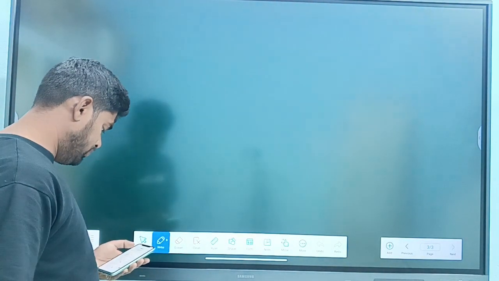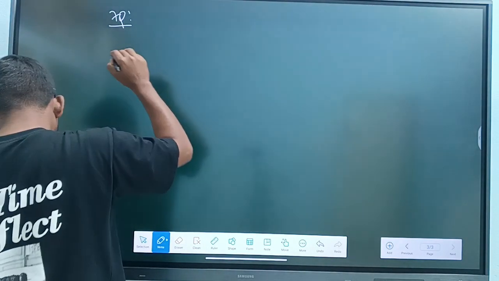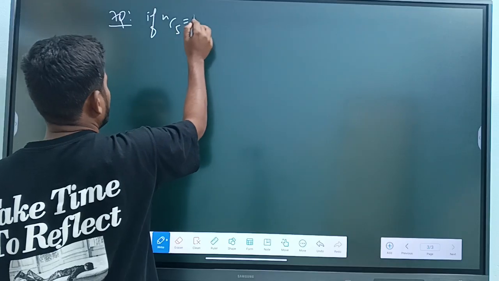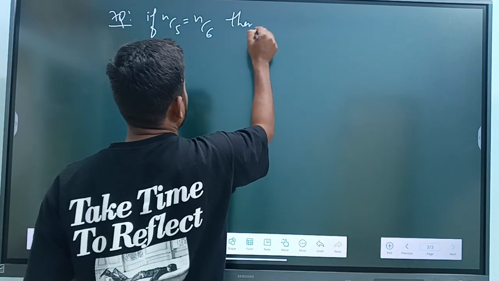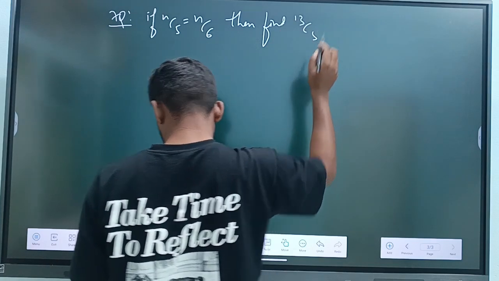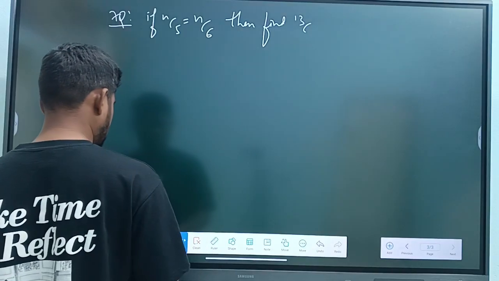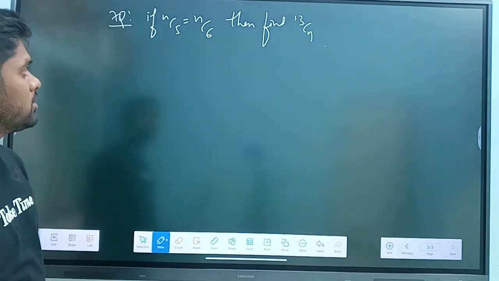Now the 7th question. Look, what a simple question. It is on permutations and combinations: if nC5 equals nC6, then find 13Cn. This is what they are asking. Simple.